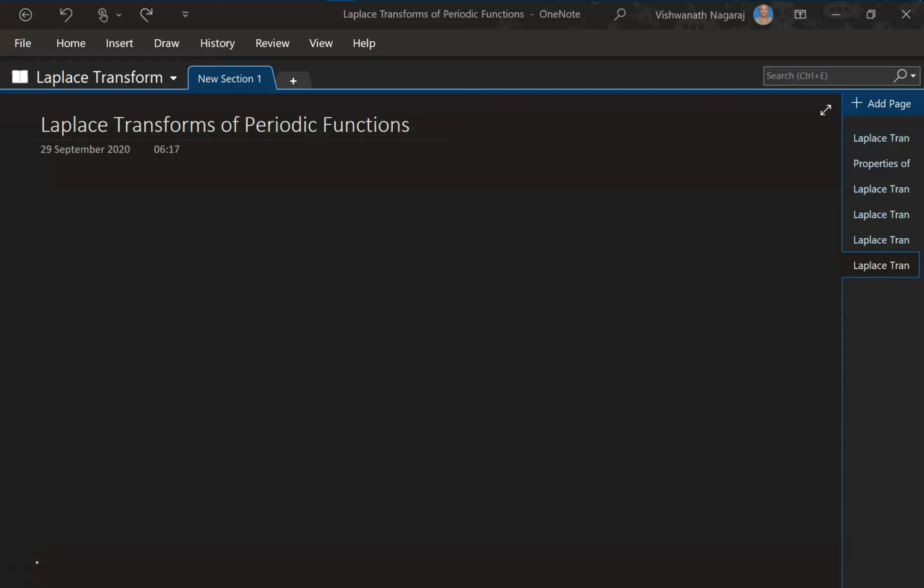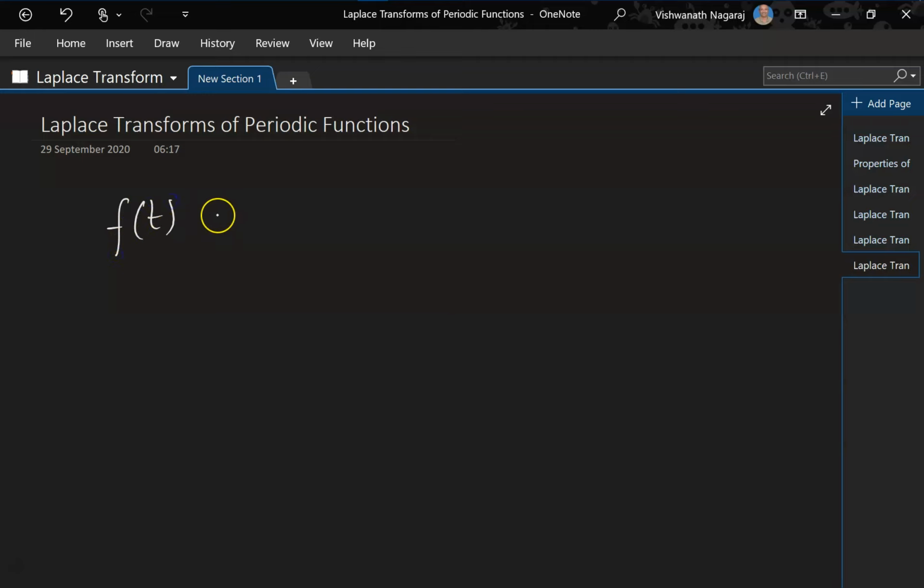Let's look at another periodic function, and let's figure out the Laplace transform of it. This function is f(t) = f(t + 2a), which means the period here is 2a.